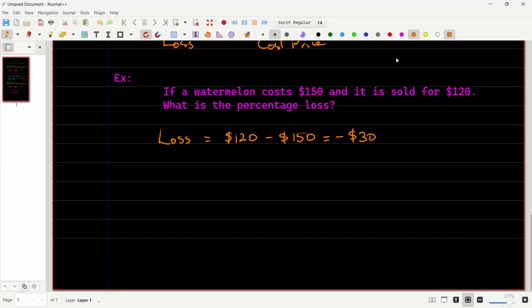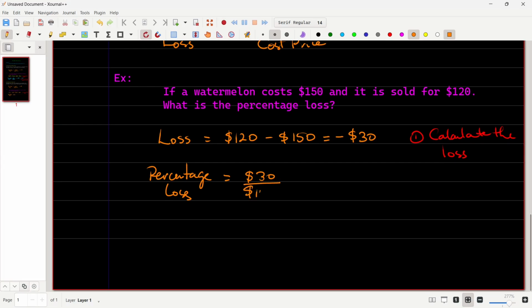All right, so we calculated the loss, and then we're looking to calculate the percentage loss. So percentage loss would be equivalent to 30 divided by 150 multiplied by 100.